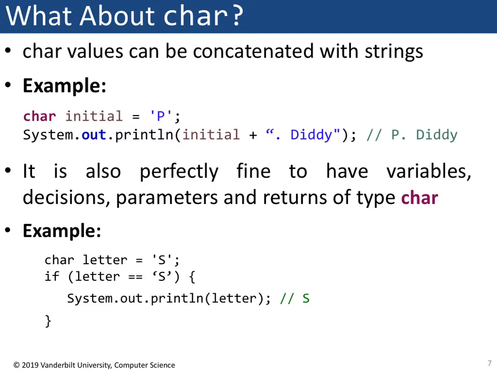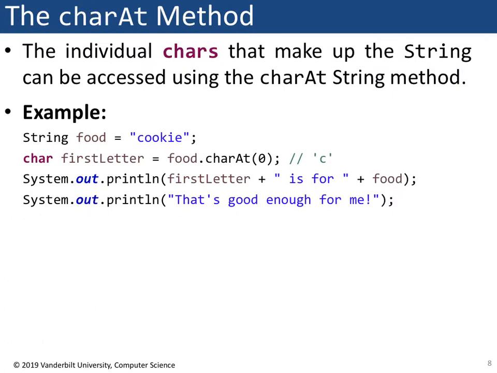And then, as with any primitive type, we can use the is equal to operator to yield a Boolean expression, and then we can pass this variable as a parameter to the print line statement. So we can work with chars just as easily as we can work with integers and other primitive types.